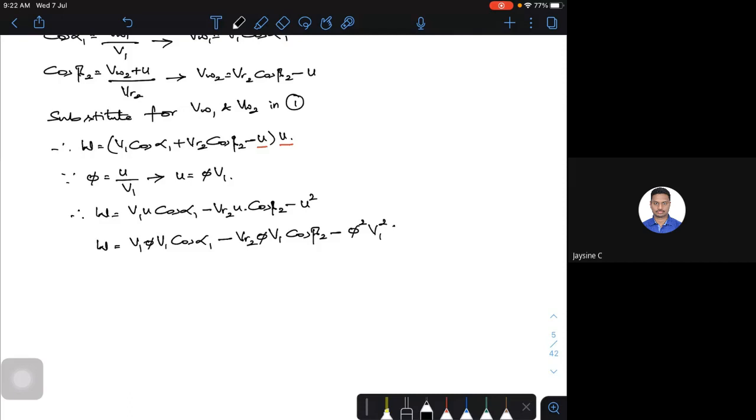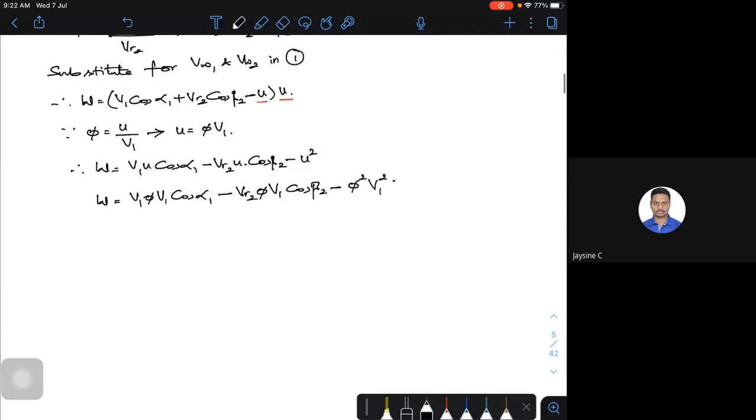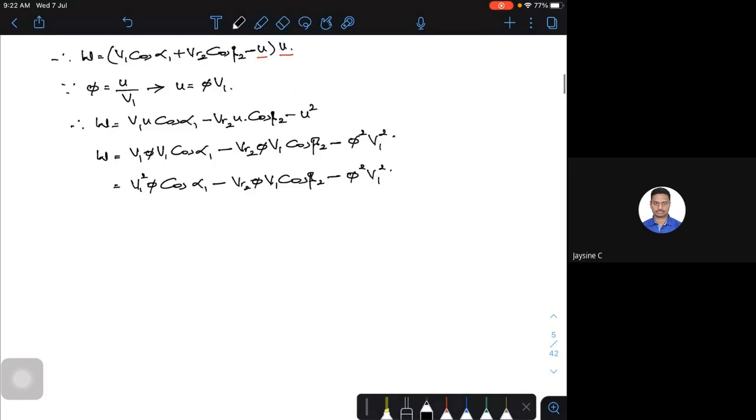Now if you look at it, each and every term has V1, so I can take my V1 square outside. Let me write one more line. W is equal to V1 square into phi into cos alpha 1 minus VR2 into phi into V1 into cos beta 2 minus phi square into V1 square. Or I can simply take V1 square outside. So this will become phi into cos alpha 1, taking one V1 outside.